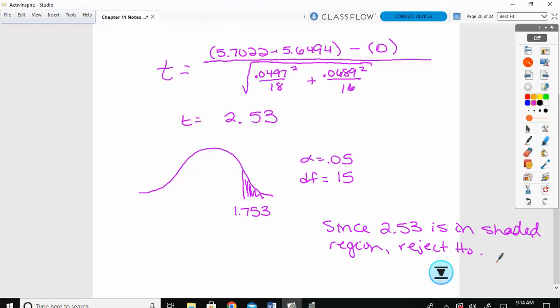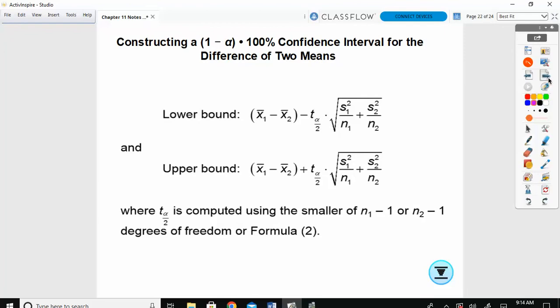We have also used confidence intervals to decide if we should reject or not. So we know we build the confidence interval based off our sample, and if the null hypothesis is included in the interval, we would fail to reject. If it's not, we reject. So let's talk about the confidence interval when we have these two different samples.